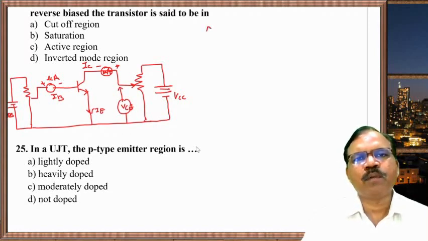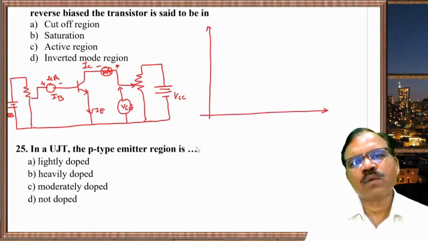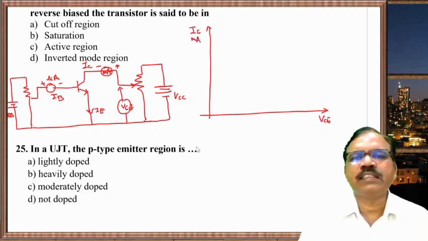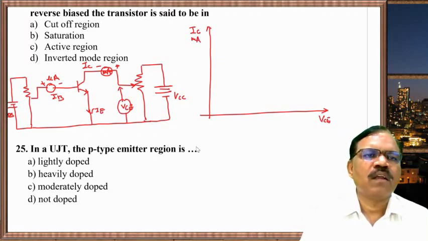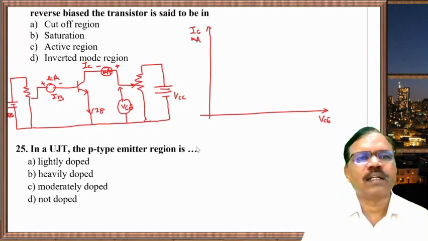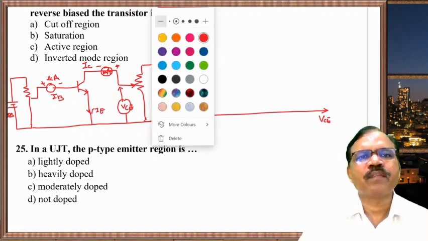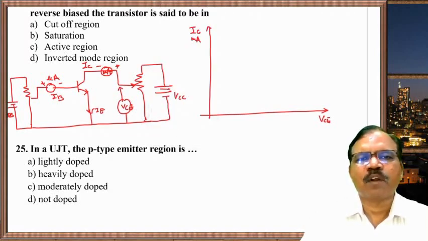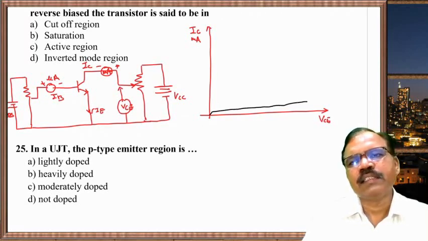Suppose we plot a graph between VCE and IC. We choose a particular input current, that is IB. Suppose IB is 0 microampere, and we plot the graph of VCE versus IC starting from 0, and you may get a graph like this. This is for IB equal to 0.